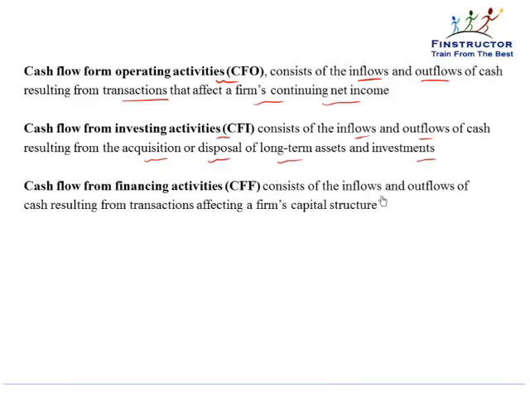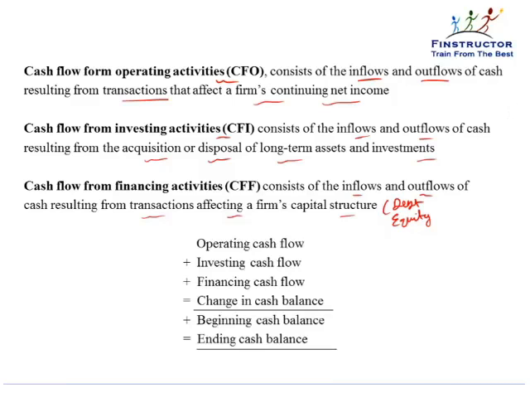Cash flow from financing are the inflows and outflows resulting from transactions that affect a firm's capital structure, that is the firm's debt or equity. So an increase in debt would be a cash inflow from debt. An increase in equity would be a cash inflow from equity, and vice versa. We'll study all of these in great detail in the coming slides.